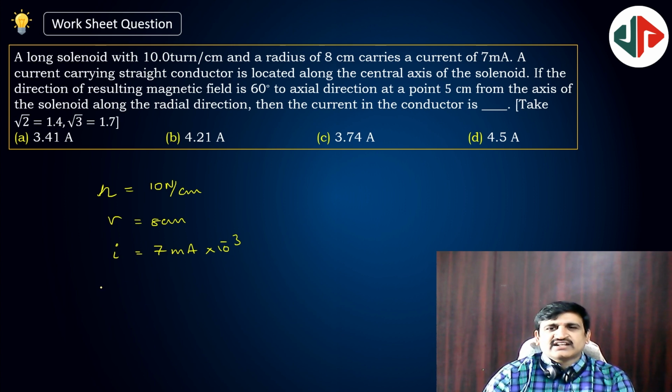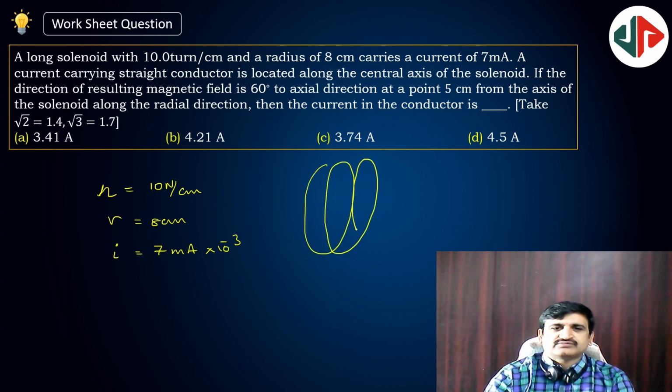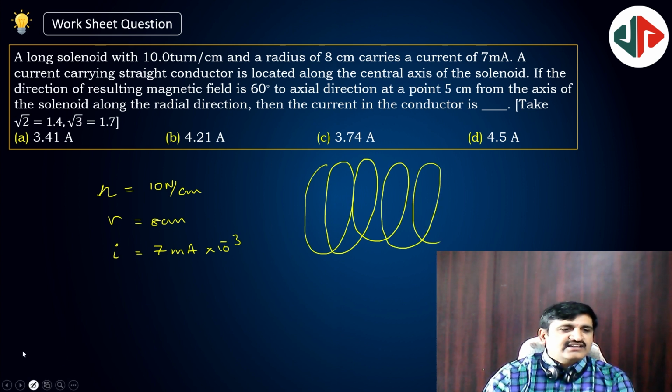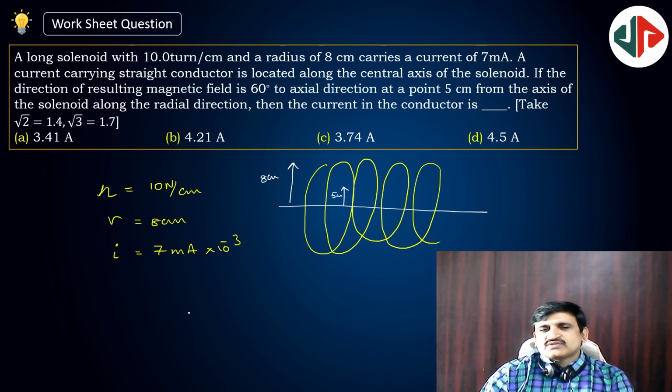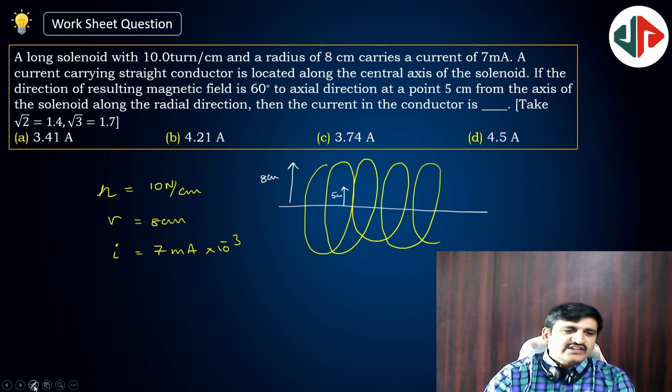If the current in the conductor is... so this is the 8 cm radius solenoid, and here is one straight conductor. This is actually 8 cm radius, and at 5 cm only, suppose the magnetic field because of this solenoid, I will show you with yellow color, will be this way.